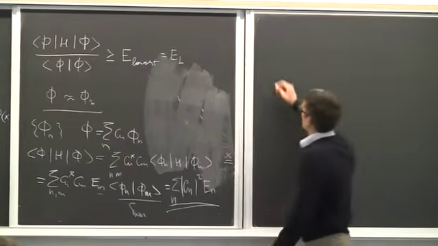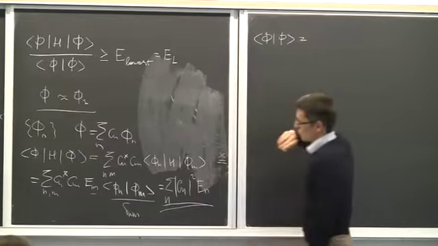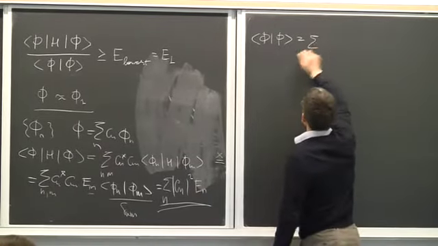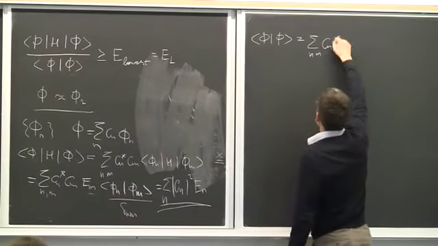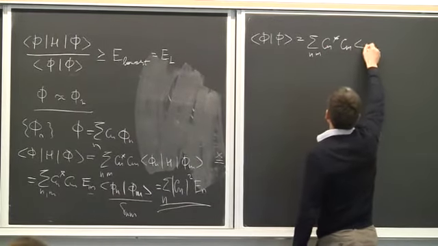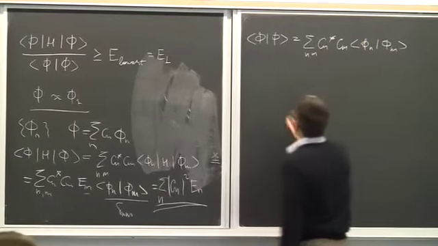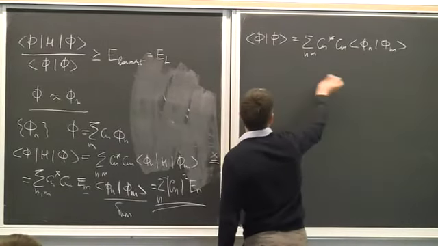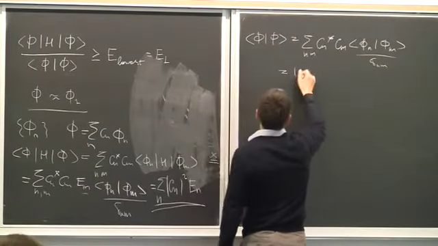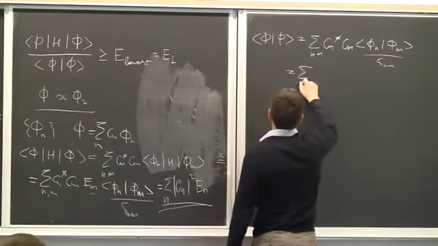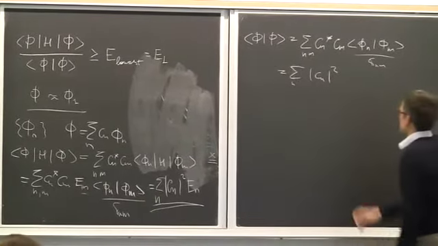Now let's consider the second component, phi with phi. Here the situation is even simpler. There is no Hamiltonian, so again we get a double sum initially, c_n star c_m phi_n phi_m, and then this is a Kronecker delta. This becomes just a sum of |c_n| squared.